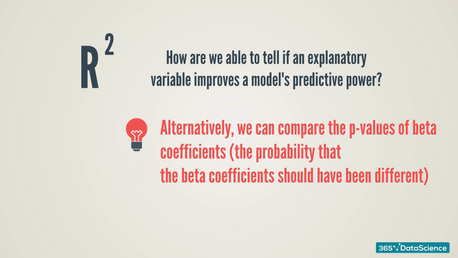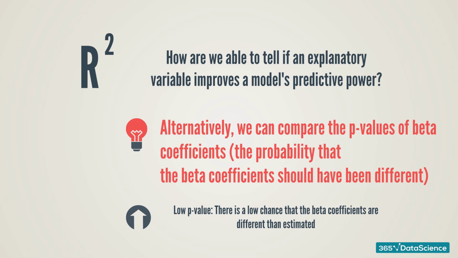The other mechanism at our disposal is the p-values of the beta coefficients. A p-value in statistics is the probability to obtain a result that is more extreme than the one we've obtained. So, in this case, this is the probability that the beta coefficients we've estimated should have been different. So, a low p-value is a good thing.